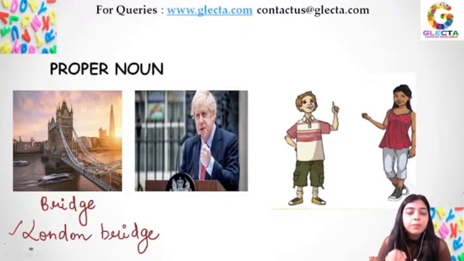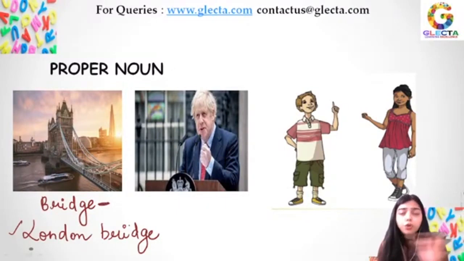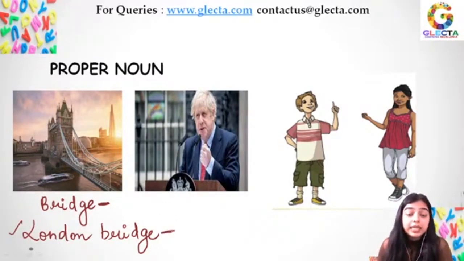That is what makes it a proper noun. So when I'm just mentioning bridge, it's a common noun. Why? Because it's a basic group name, not identifying the particular name. But when I use the words London Bridge, this provides me with a particular name, specific details. I hope this part is clear to all of you.